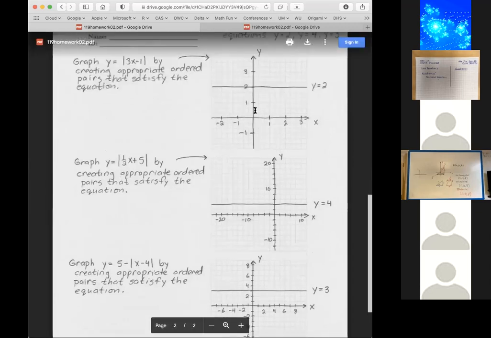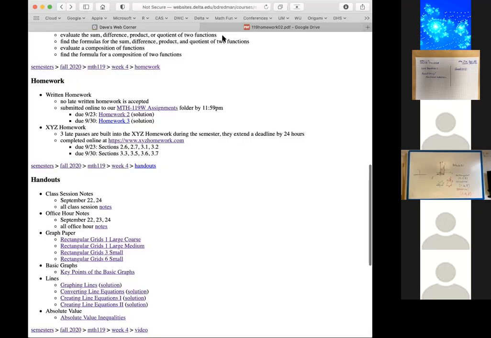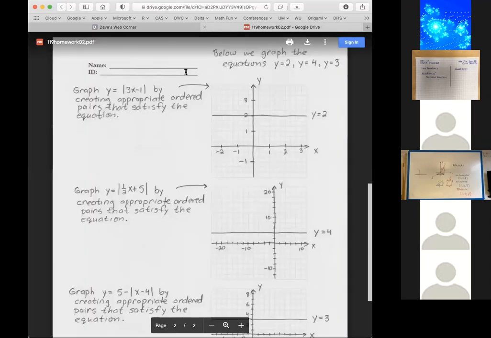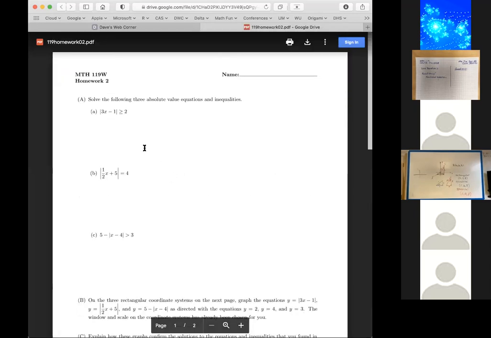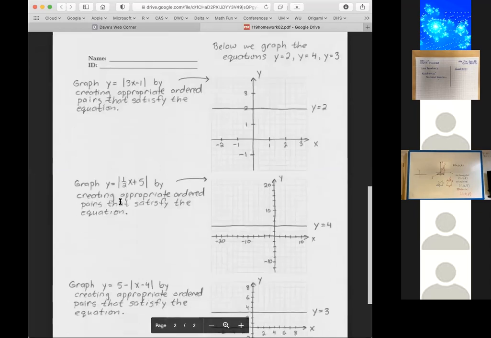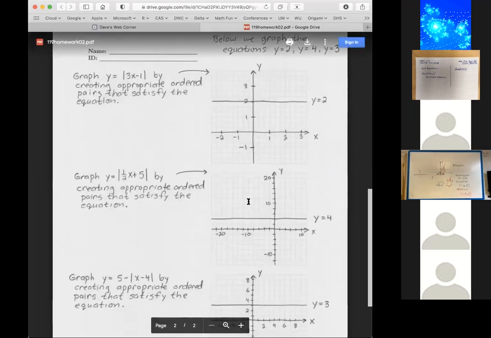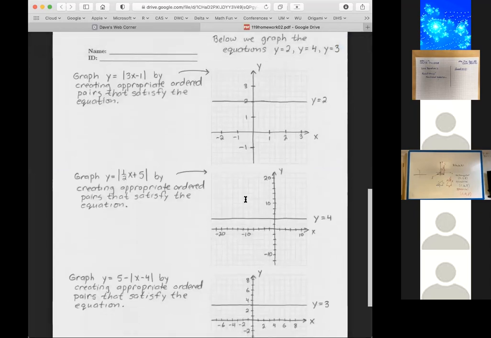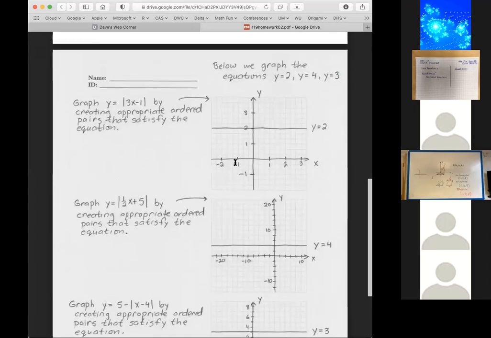And so for the others also. How do you connect, whoops, I didn't mean to get rid of that, sorry. How do you connect the answers to these problems to what the graph looks like after you're done? Now, it's a math question, but it's not a math question.